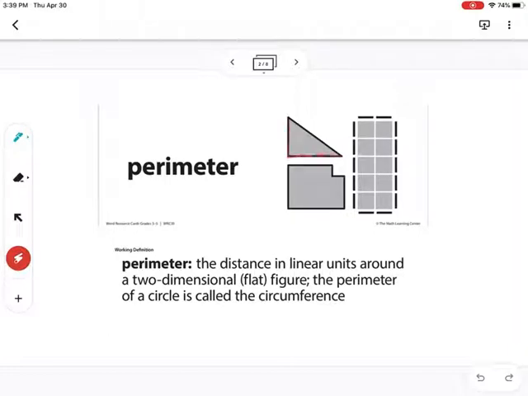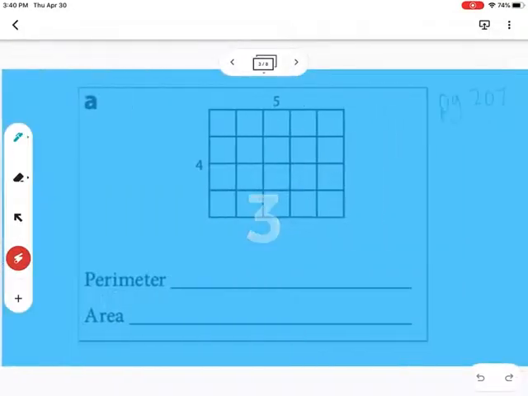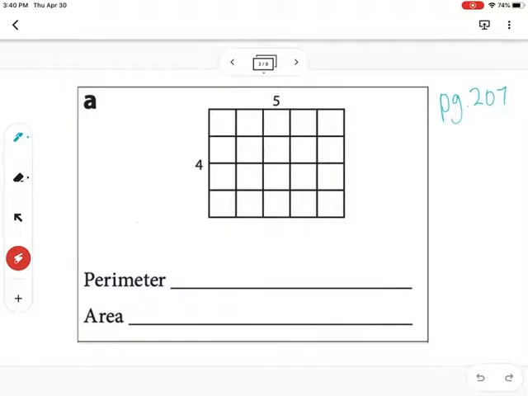The perimeter of this triangle is the distance around the triangle, and the perimeter of this polygon is the distance around the polygon. Now that we've reminded ourselves of what is area and what is perimeter, let's take a look at some of the problems.